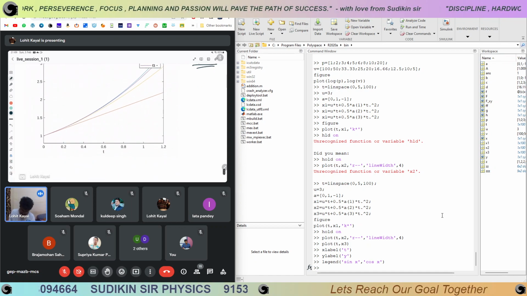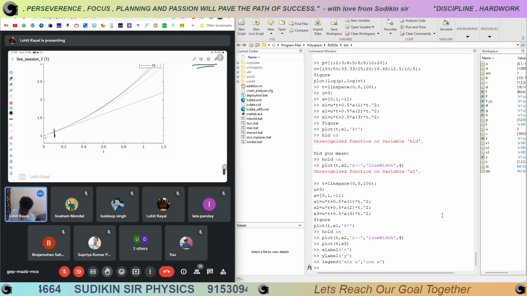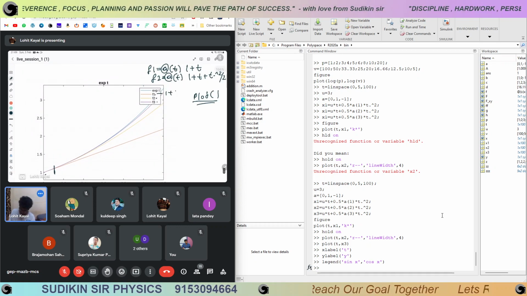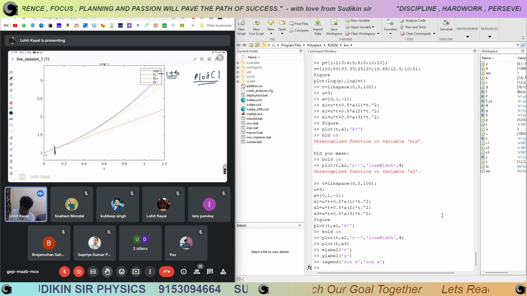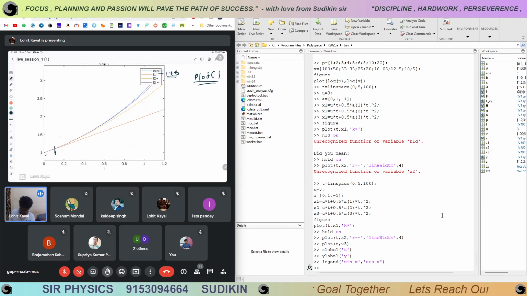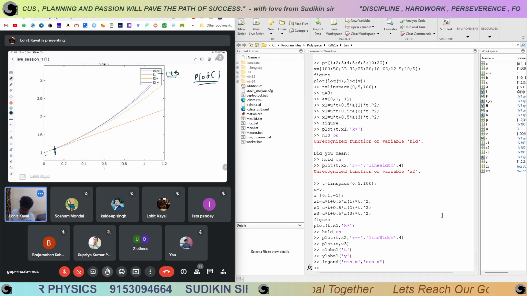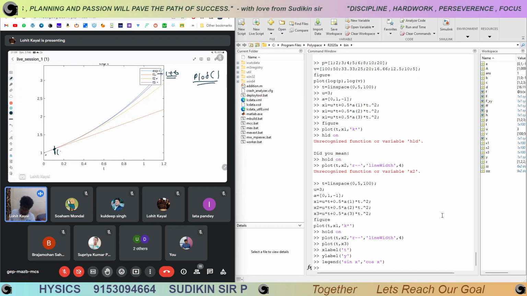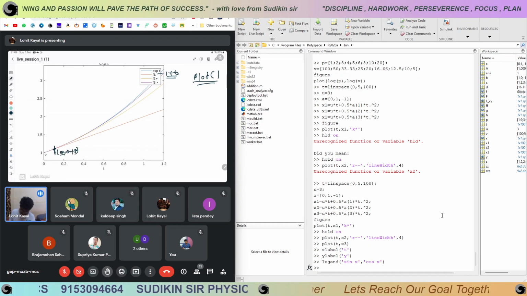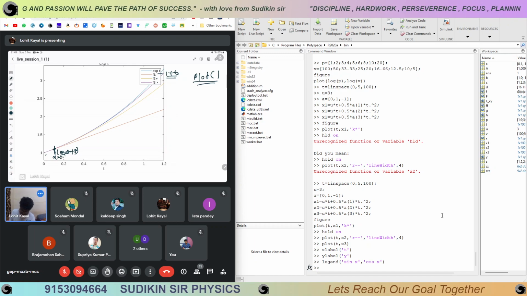So here I am plotting exponential t and the corresponding f1, f2, and f3. You can see that for a small range, f1 equal to 1 plus t is agreeing with it, for a very small range. If you move your cursor over the plot in MATLAB, you will be able to see the point. Probably here x is 0.17, most probably.